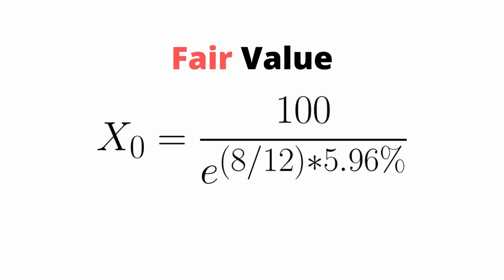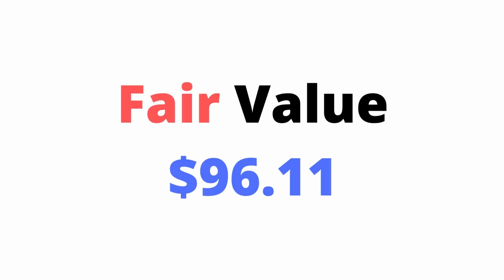And RC, we just computed. Input this information into your calculator or Excel, and you will arrive at the present value, which is the fair value of this security, which provides us with $100 in 8 months from today. So part 1 is now done.